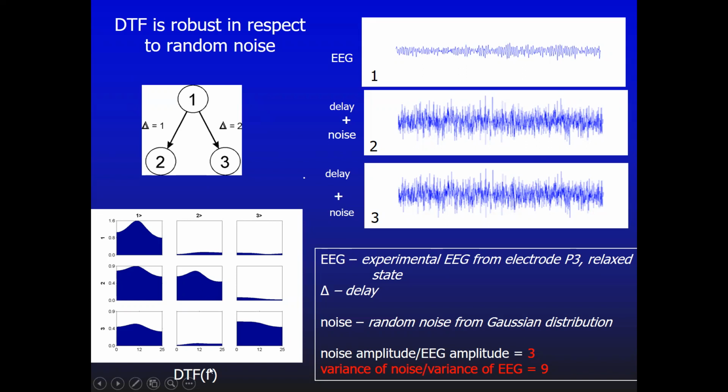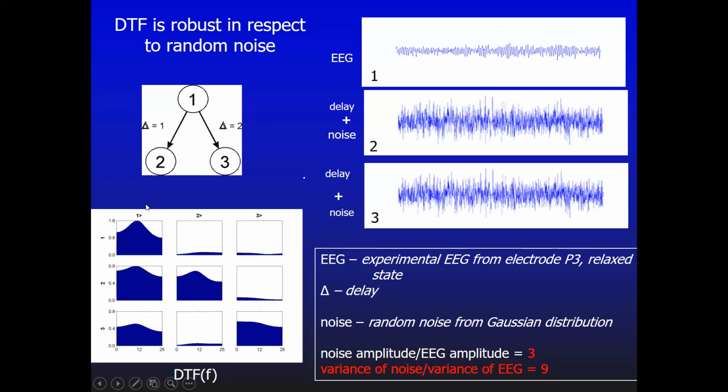Now, how to read this kind of picture? Because I'll show some more of this with a bigger number of channels. So on the diagonal, we have power spectra. And then in each non-diagonal box, the directed transfer function as a function of frequency is shown.